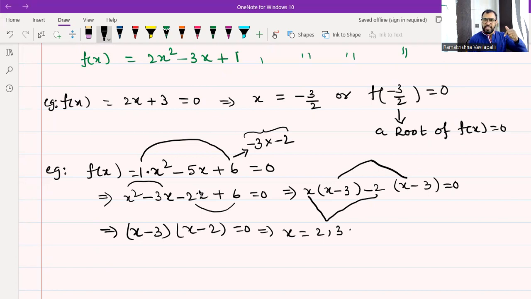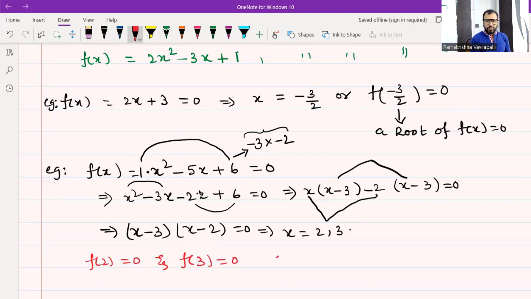Which means that at these values, that equation is satisfied. So here f of 2 equal to 0 and f of 3 equal to 0.